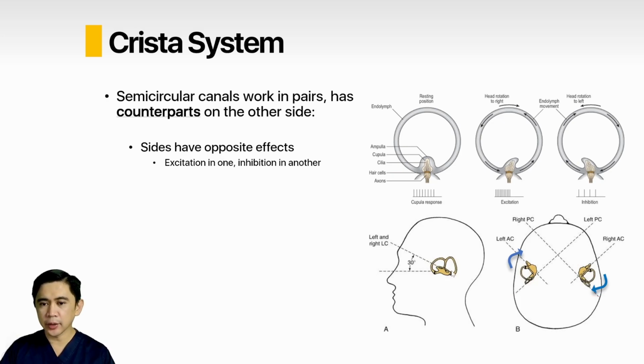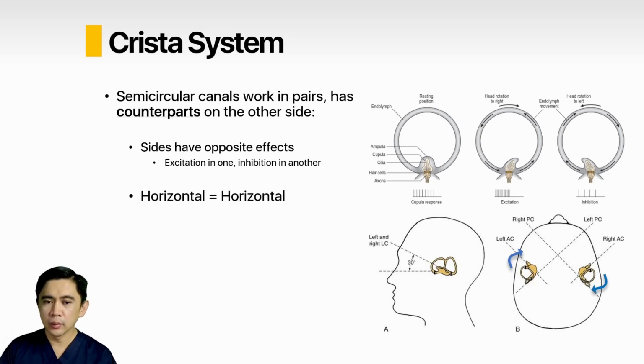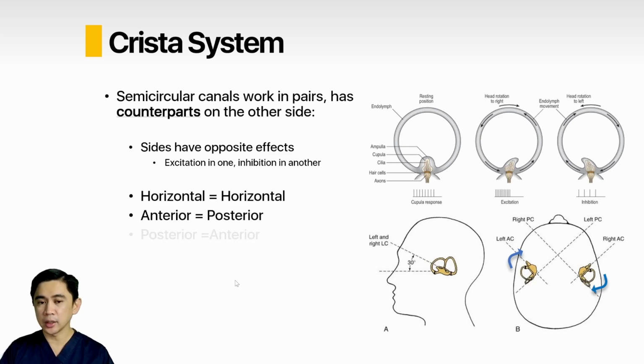The same goes with the other semicircular canals because they have counterparts. The counterpart of the horizontal canal on one ear will be the horizontal canal on the other ear. The anterior canal in one ear, the counterpart is the posterior on the other ear, and the posterior canal in one ear, the counterpart is the anterior in the other ear.